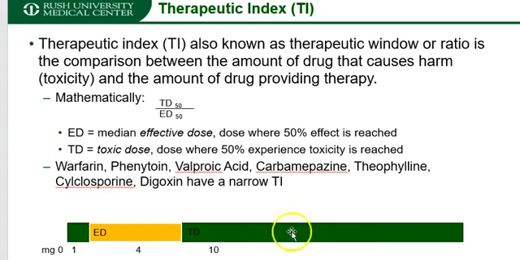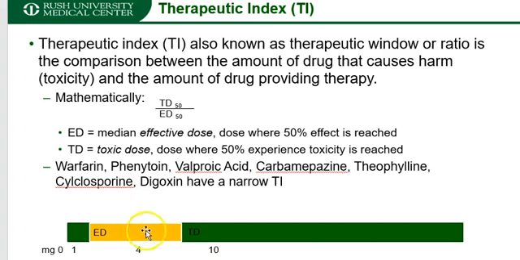So here's the dose. The ED is, say, 1.5 or 2 milligrams, and the TD, or the toxic dose, is, say, 7 or 8 milligrams. So this is your therapeutic window right here.